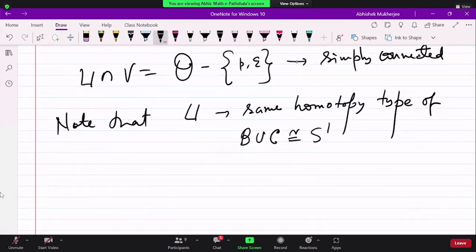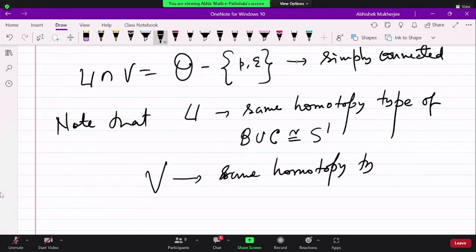At the same time, V will have the same homotopy type of the other one, which is A union C, which is homeomorphic with S1 again.